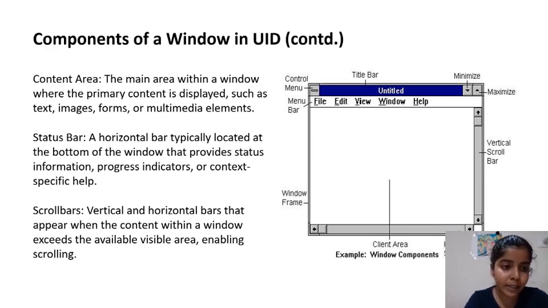The second one is the status bar, the horizontal bar typically located at the bottom of the window that provides status information, process indicators and also content-specific help. The third one is scroll bars, the vertical and horizontal bars that appear when the content within the window exceeds the available visible area, enabling scrolling.